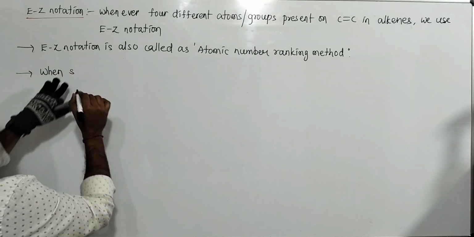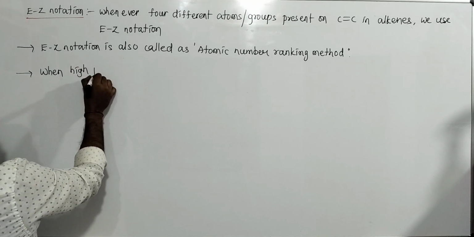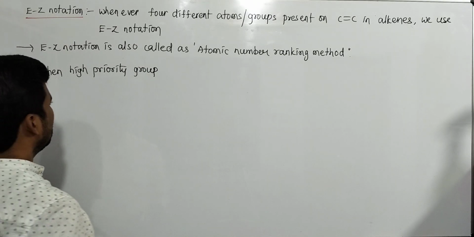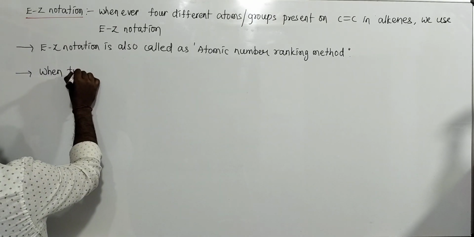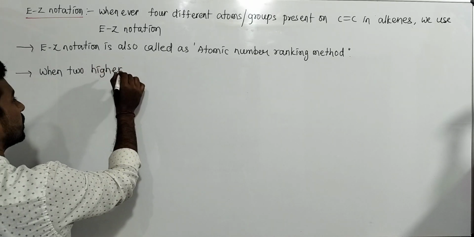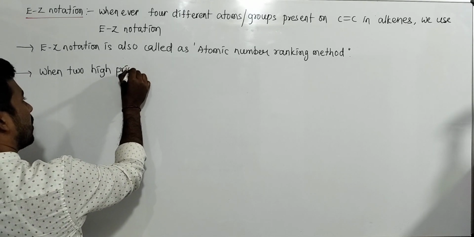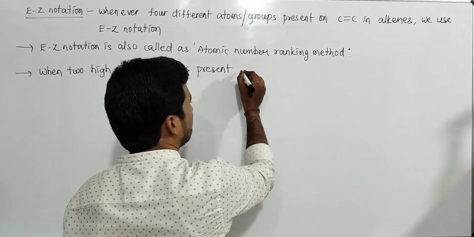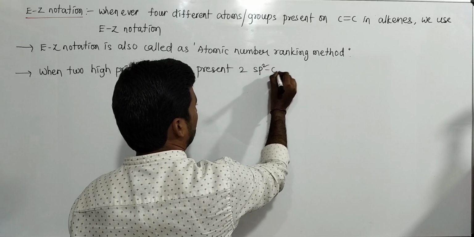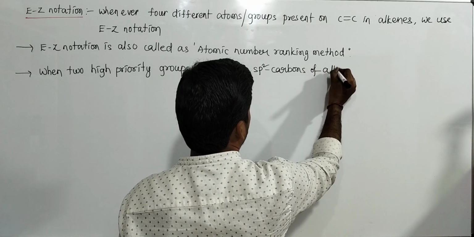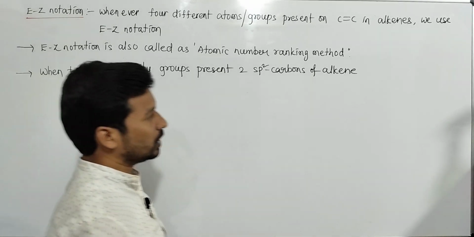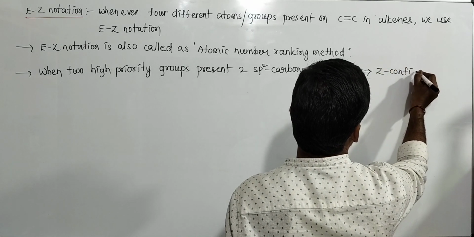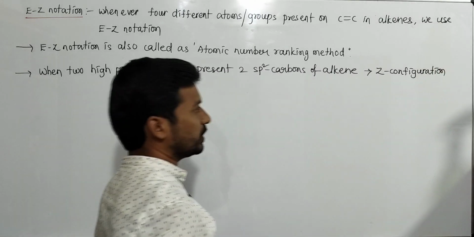When 2 high priority groups or 2 low priority groups are present on the 2 sp2 carbons of the alkene, on the same side, which configuration is it? Same side is Z configuration.